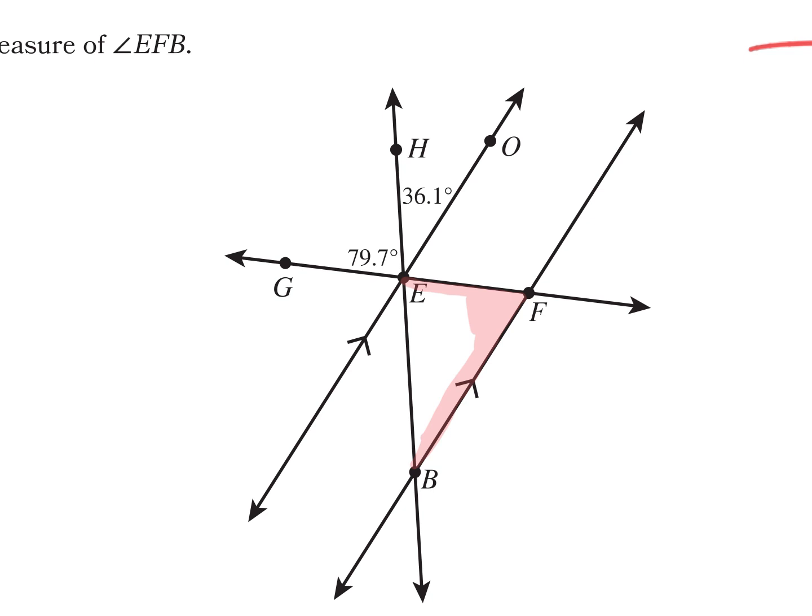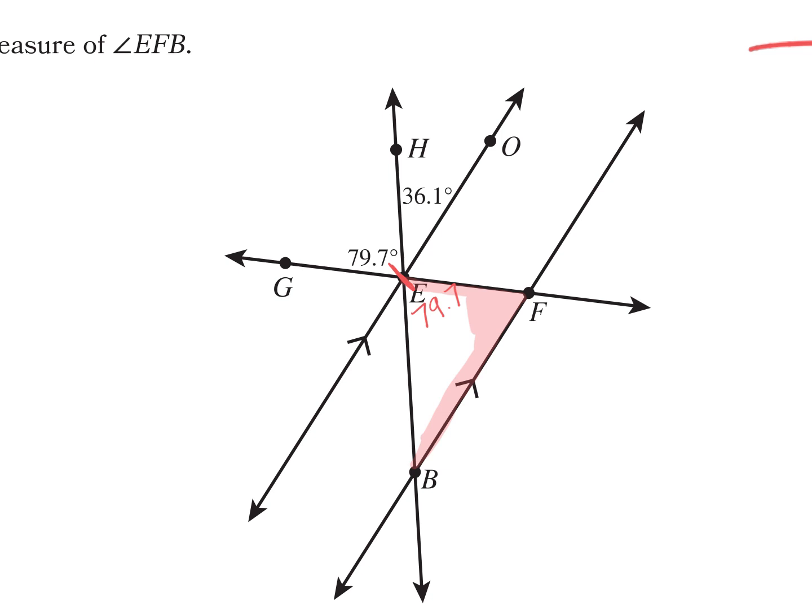There are so many different ways. One way that you can do it, you can see what vertical angles or corresponding angles or alternate interior. You can look at the different relationships and kind of move around those degrees. Like we know that these 2 are vertical angles, right? So we know that this one is 79.7 as well.